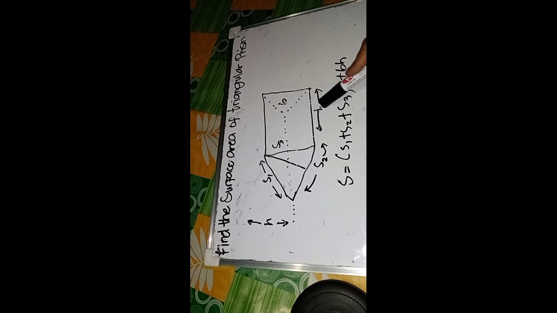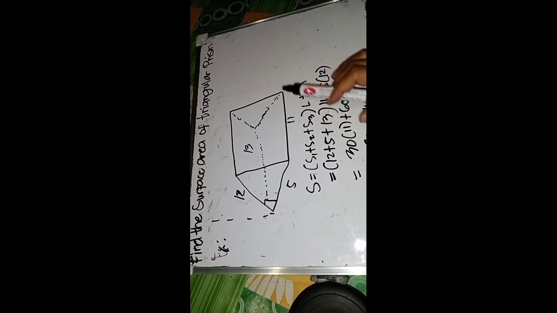L is the length of the prism. And E sub 1, E sub 2, E sub 3 are the three edge sides of the base triangle. BH is the combined area of the two triangular faces.